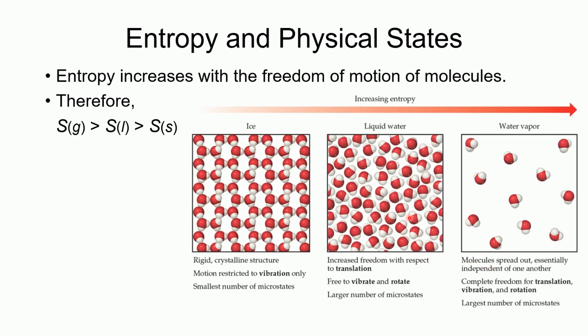Once we convert that liquid into the gas phase, we will very dramatically increase the entropy because the number of microstates is going to go way, way up. There's complete freedom of translational, vibrational, and rotational motion. So this will have the largest number of microstates. So gases have more entropy than liquids, which have more entropy than solids.